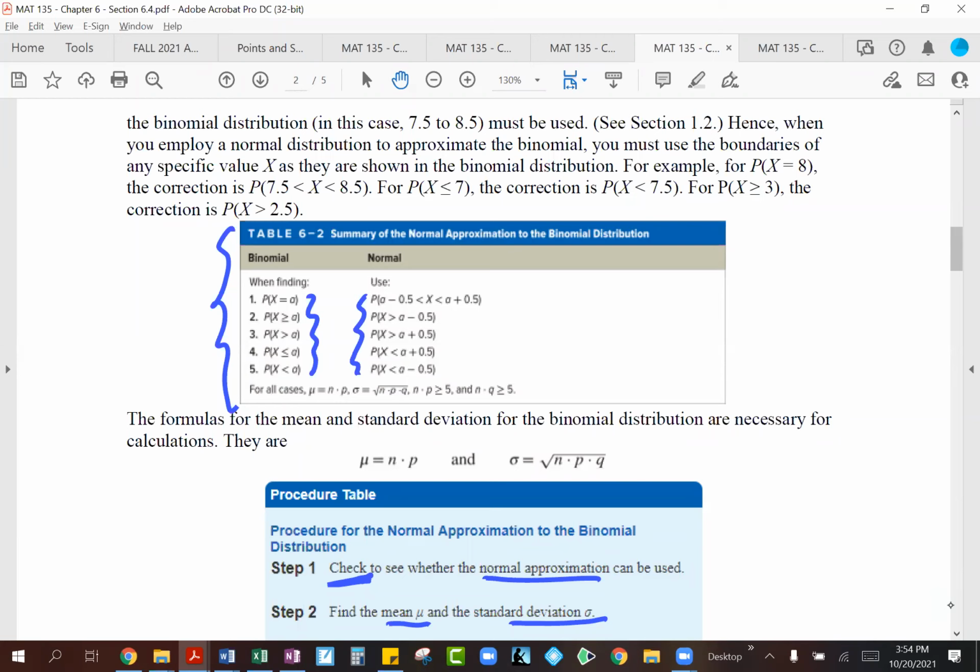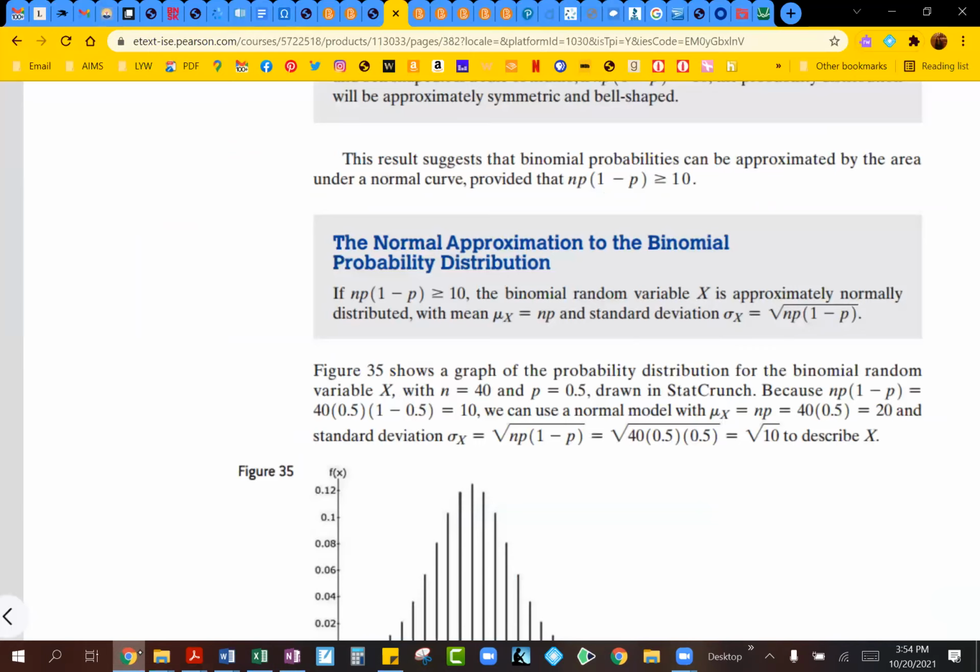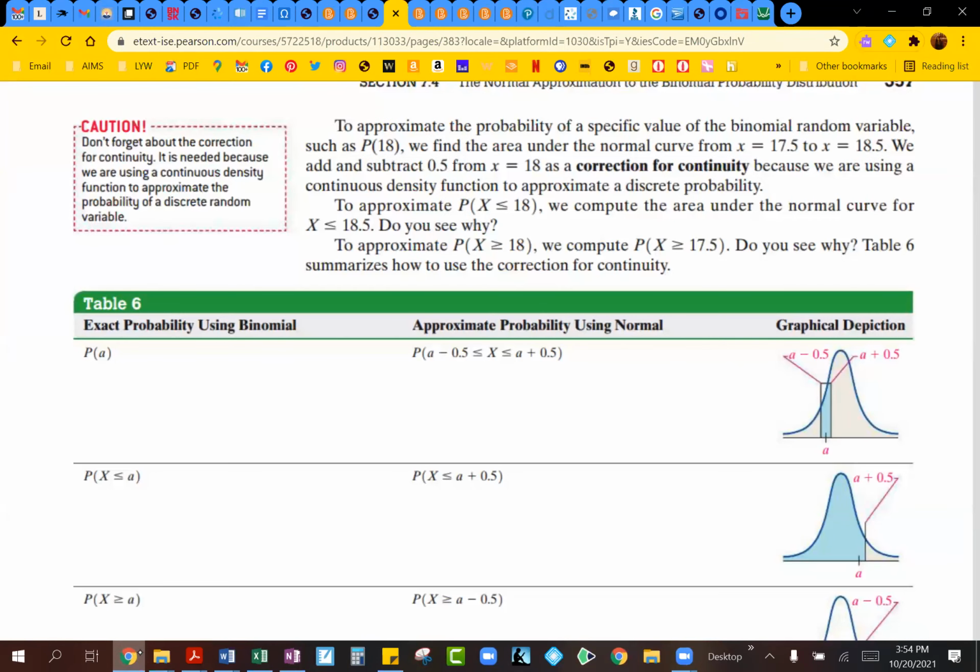So that's that first scenario where x equals a. And again, remember in your textbook, that's going to be this first one, probability of a over here. So you can see our approximation for this is going to be this one over here.